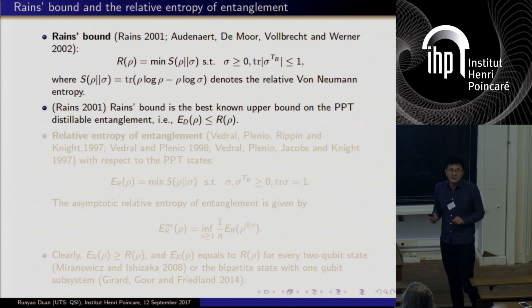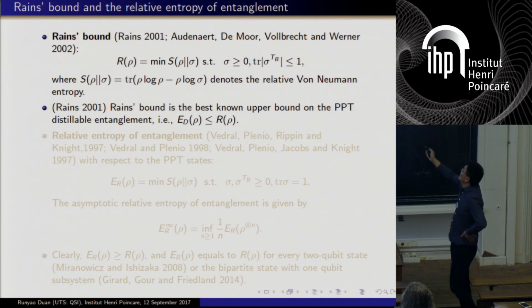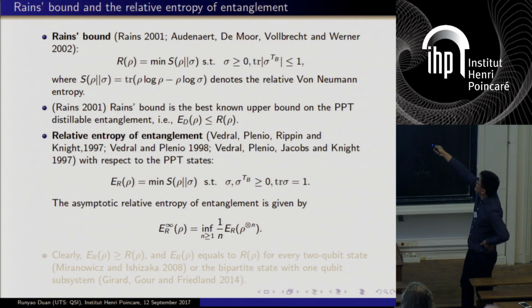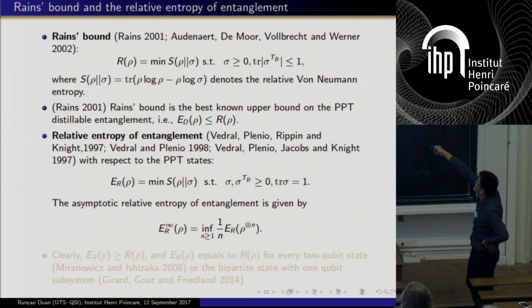It's actually very complicated to calculate, but at least it's something we can calculate. Another thing is about this relative entropy. The relative entropy of entanglement is very similar to the Rains bound. You can see it's almost the same, except here we take the minimization over sigma that is a PPT state.